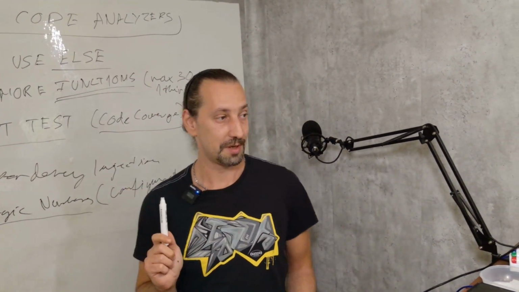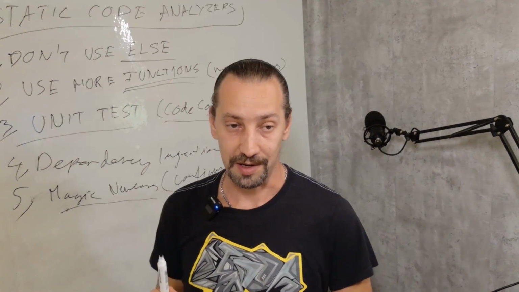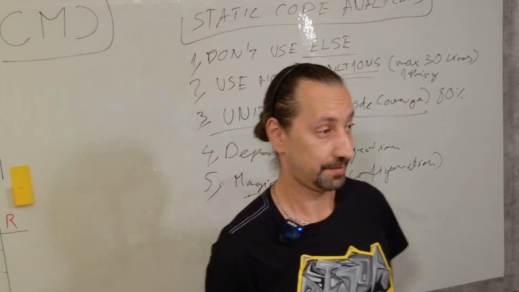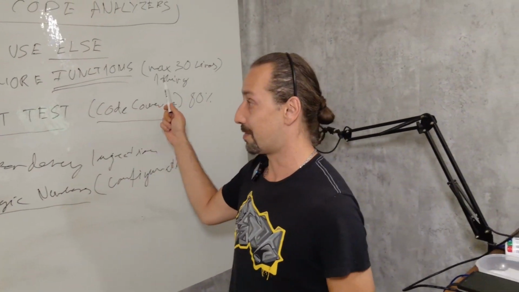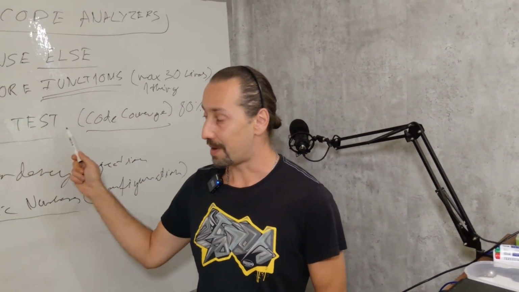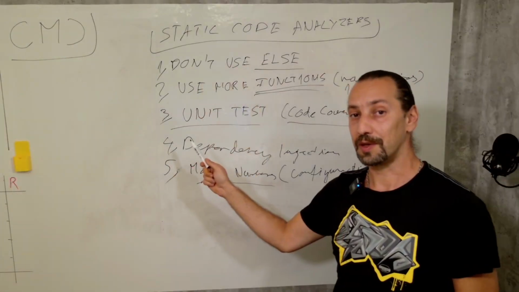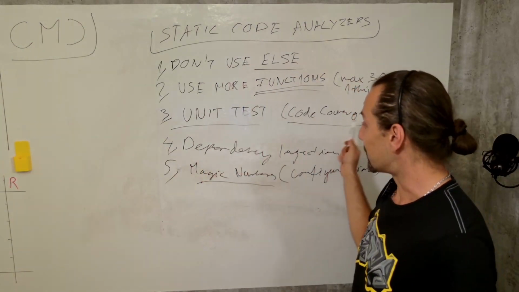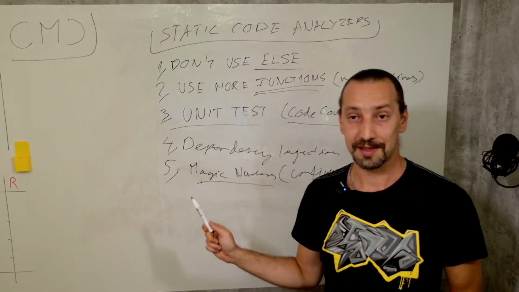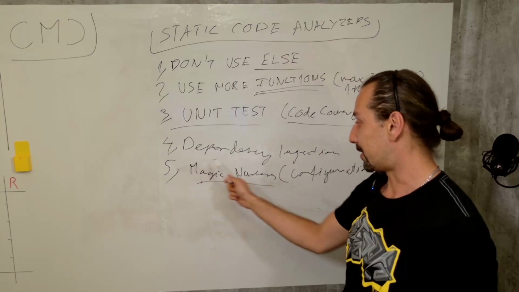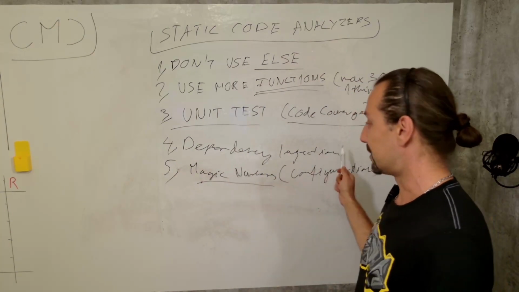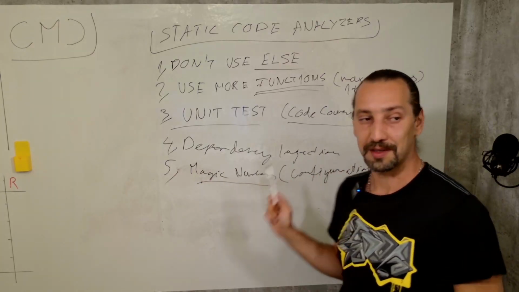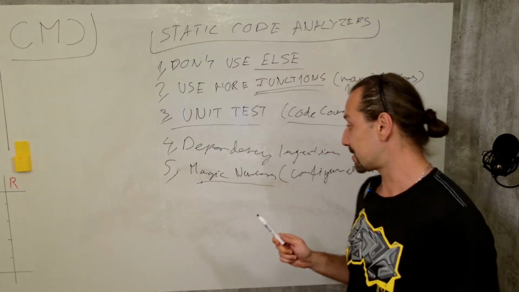Probably you are doing more than one thing in your functions. And if you are doing more than one thing in your functions, you have a hard time writing unit tests. Probably you don't know how to inject dependencies into your code pieces.